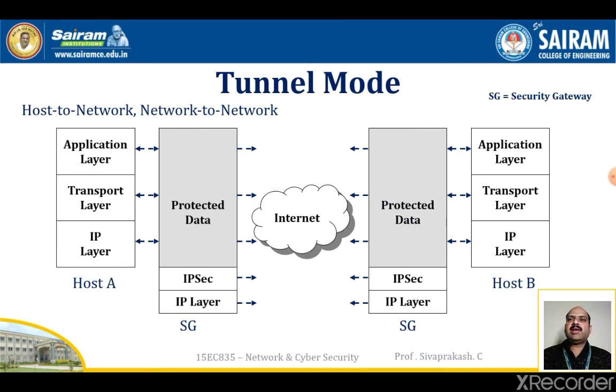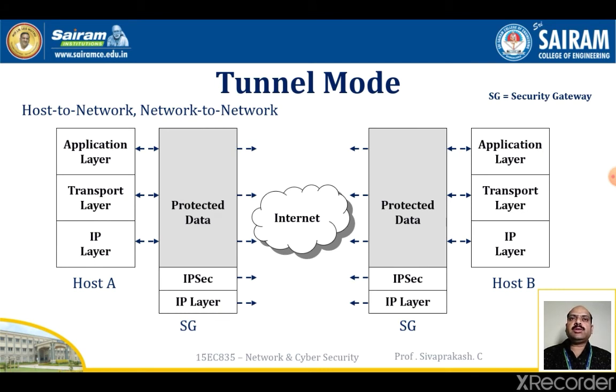To achieve this, after the AH or ESP fields are added to the IP packet, the entire packet plus security fields is treated as the payload of a new outer IP packet with a new outer IP header. The entire original inner packet travels through a tunnel from one point of an IP network to another.